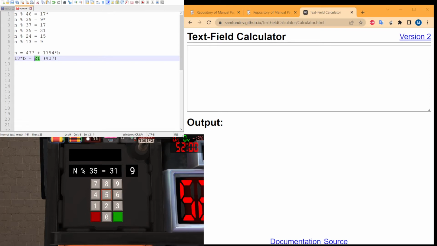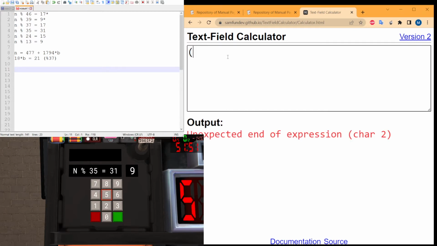Now we're going to add 37 to 21 repeatedly until it's divisible by 18. So I will make this 21 plus 37 times something, and we will check if it's divisible by 18. So let's start 1, 2, 3, and so on.